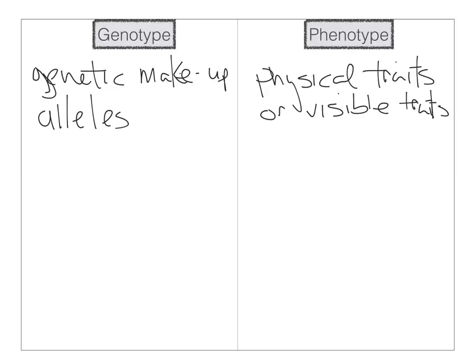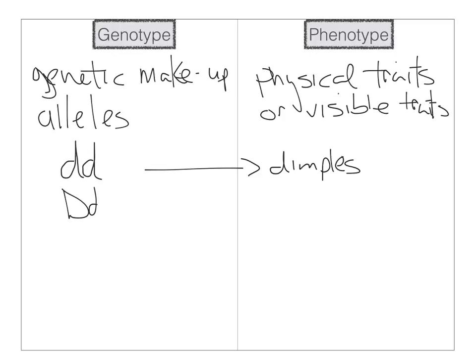So if we were talking about if dimples were a recessive trait, and we were going to represent that by lowercase d, that would be the genotype, and the phenotype would be dimples. The genotype, if no dimples is dominant, capital D, lowercase d would be your genotype, your phenotype would be no dimples.